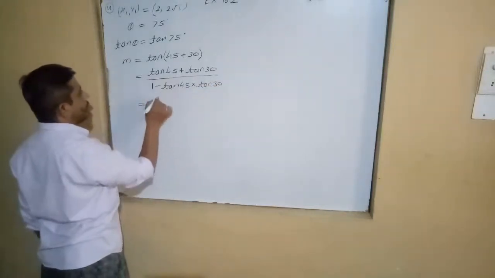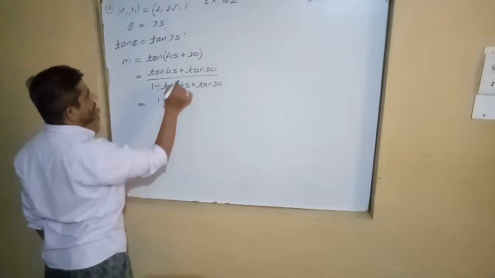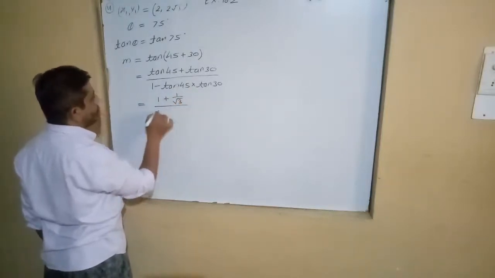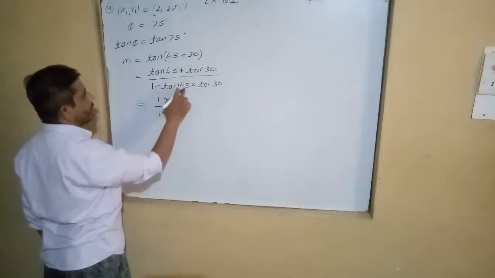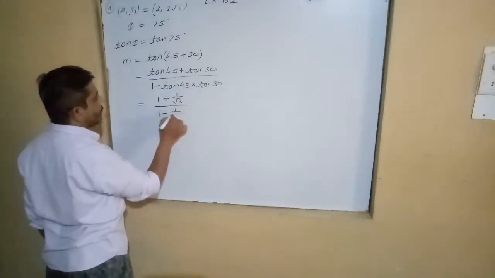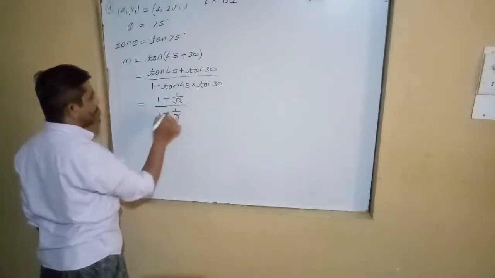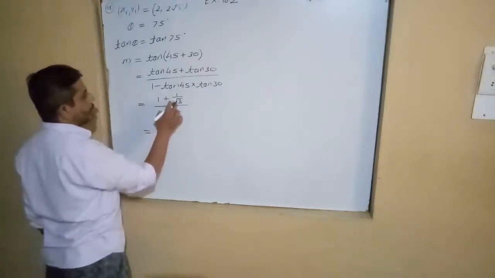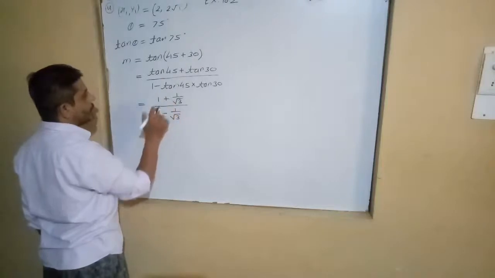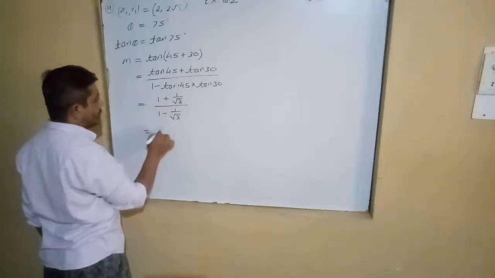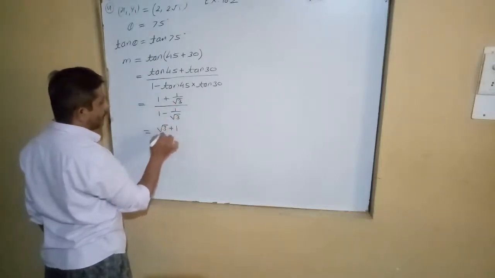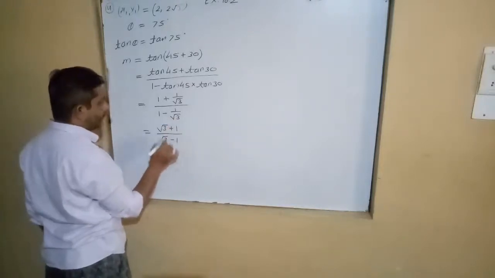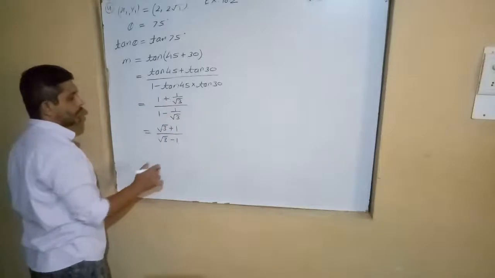So tan 45 is equal to 1, plus tan 30 is equal to 1 upon root 3, whole upon 1 minus tan 45, which is 1, into 1 upon root 3. Now take the LCM in the numerator and denominator both. What will come as the LCM? Root 3. So root 3 into 1 is root 3 plus 1 upon root 3, and here root 3 minus 1, root 3 cut from root 3.